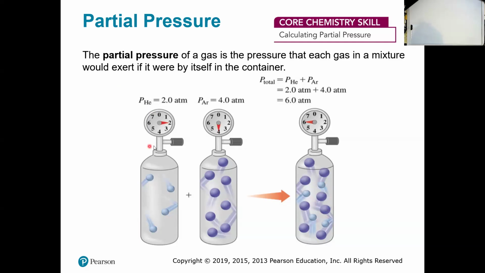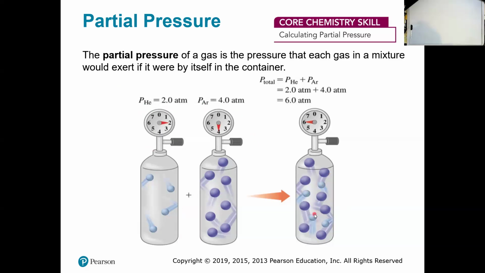In our first tank, we have only the helium, and the pressure of the helium is 2 atmospheres. In the second tank, we have argon only. The pressure of argon is 4 atmospheres.